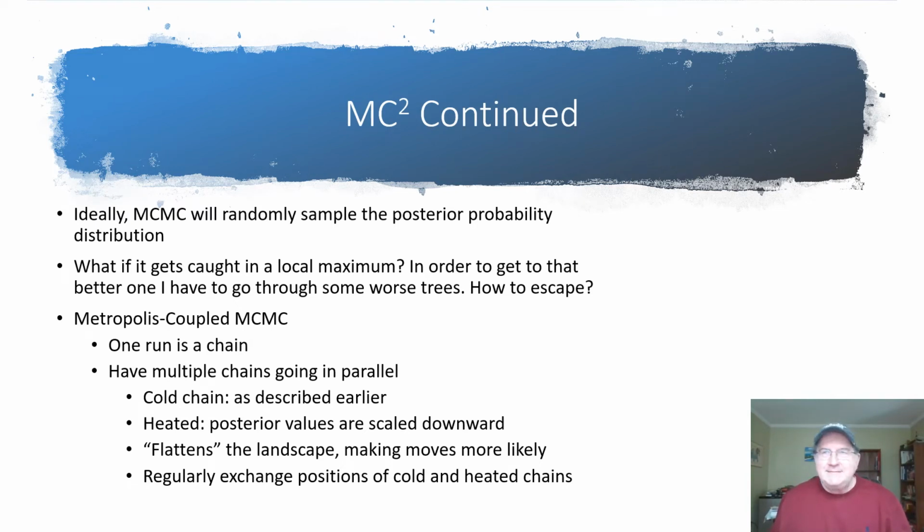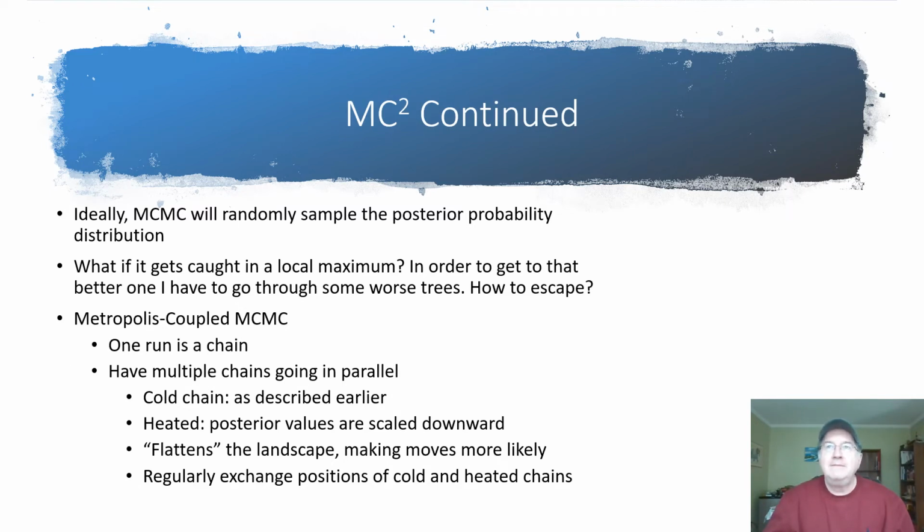Basically, the idea is, imagine that you're on a glacier. So instead of walking hills and mountains on solid ground, you're going through crevasses and hillocks and ice flows on a glacier. And in the heated chain, that glacier melts so that everything becomes a little bit leveler. You don't have the steep peaks there. You have more rounded hills. So you kind of flatten that likelihood landscape. And then you do the same thing in parallel with your cold chain.